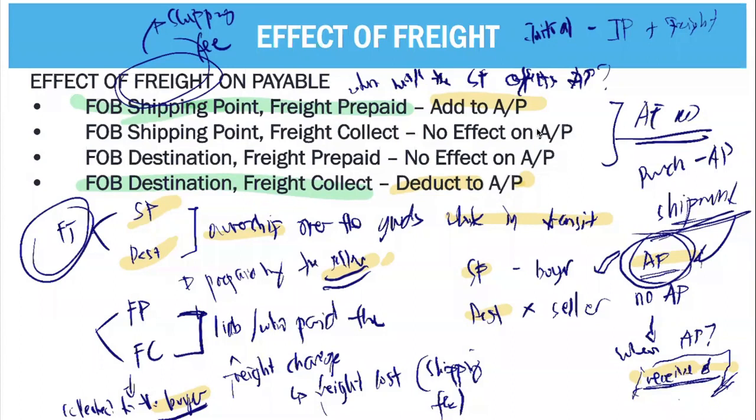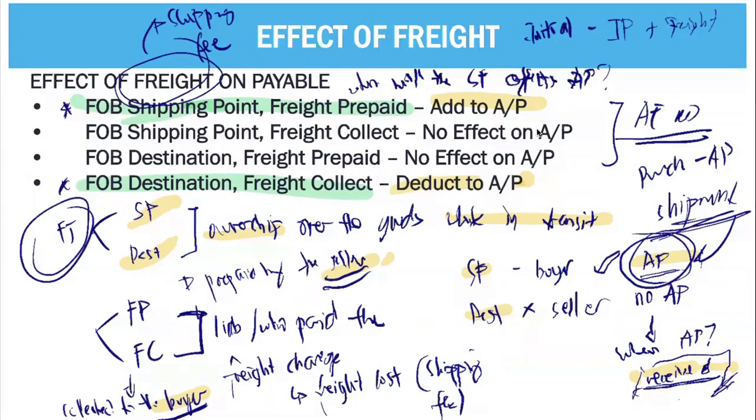Shipping point freight prepaid increases your accounts payable. Destination freight collect reduces your accounts payable. Remember these two items. Okay? Forget the other two, just remember these two. FOB shipping point freight prepaid increases your accounts payable. FOB destination freight collect reduces your accounts payable.